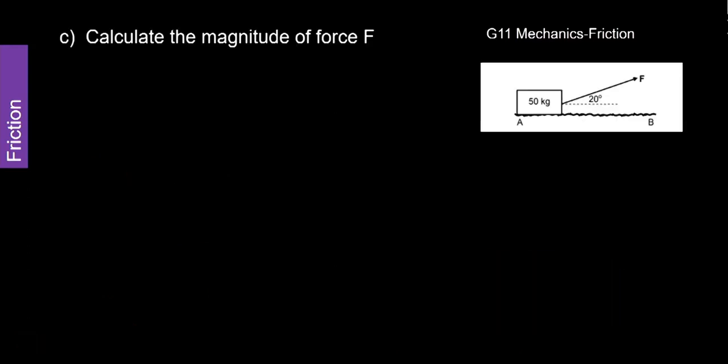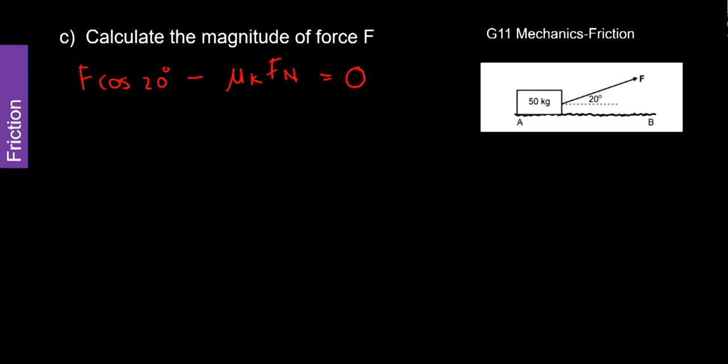I'm just going to rewrite our thinking out. So this is F cos 20 degrees, minus mu k times the normal force equals 0. So now we've got to figure out what is going on. How are we going to sort out the normal force?